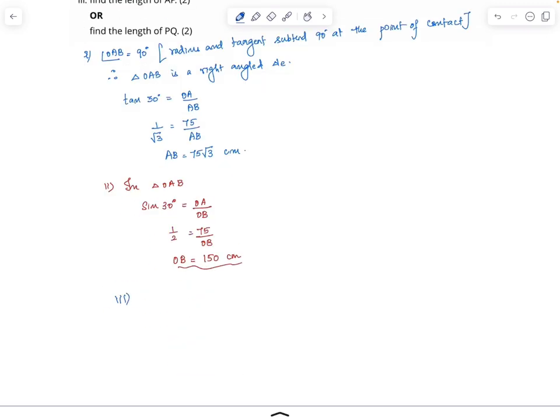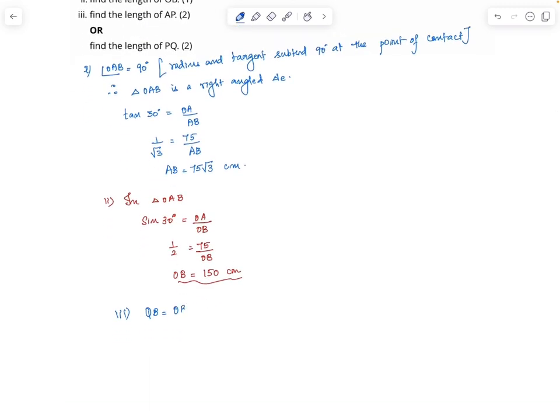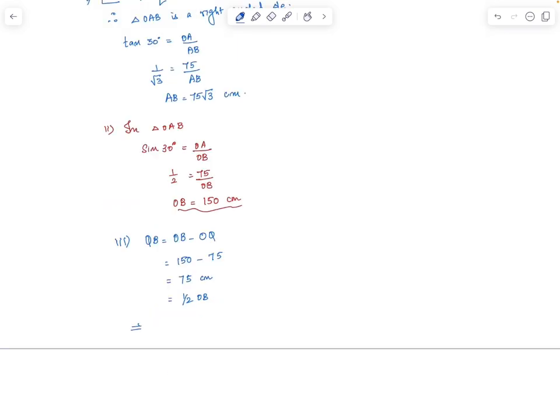So QB is equal to the full length OB minus OQ. OB is 150 and OQ is a radius which is 75. Now QB is 75 centimeters.